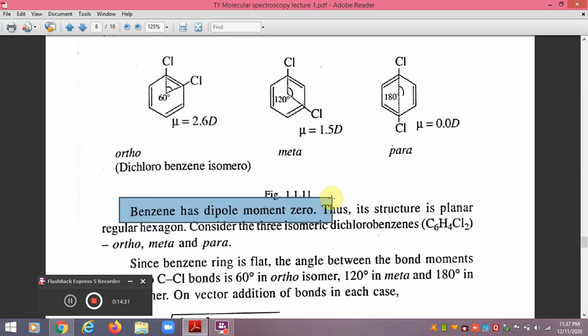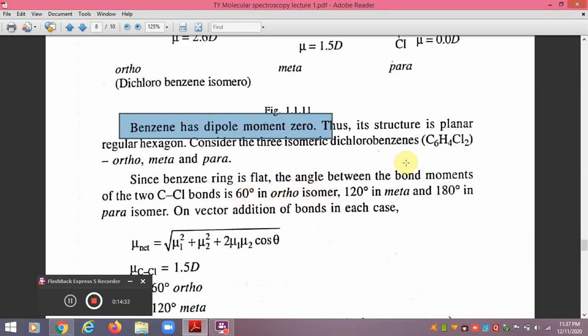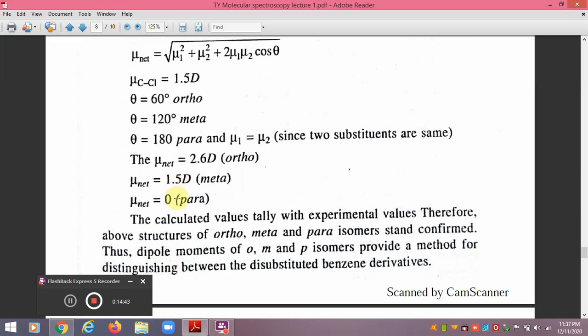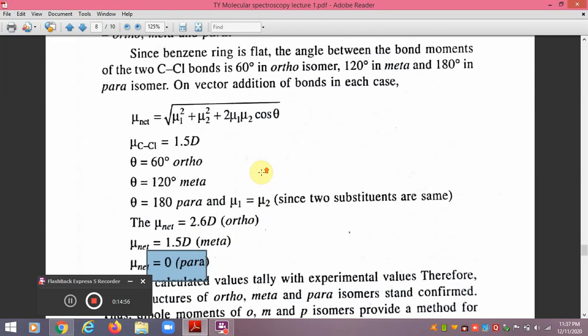But if we consider its derivative, particularly dichlorobenzene, then we will see that its ortho isomer, para isomer, and meta isomer have different dipole moments. It is observed that the ortho isomer of dichlorobenzene has a 2.6 D dipole moment, the meta isomer has 1.5 D, while the para isomer has 0 dipole moment. Why is this so?